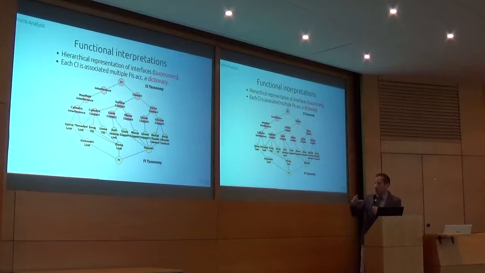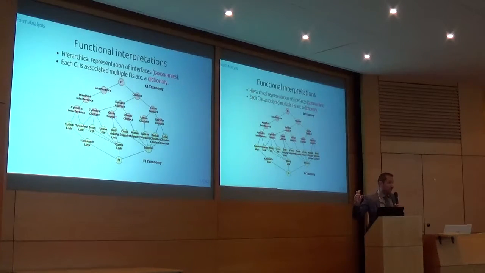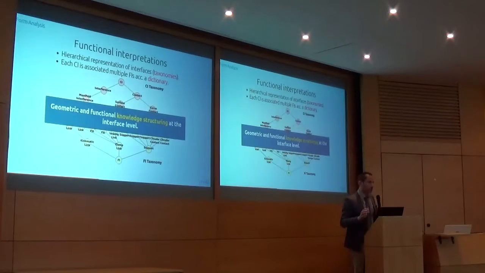To this end, we organized our geometric and functional knowledge at the interface level in what we refer to as the conventional interface taxonomy and the functional interface taxonomy. Interpretation then happens at the deep level of those taxonomies, defining a dictionary that binds each conventional interface with potentially multiple functional interfaces. This puts a structural frame on our geometric and functional knowledge.